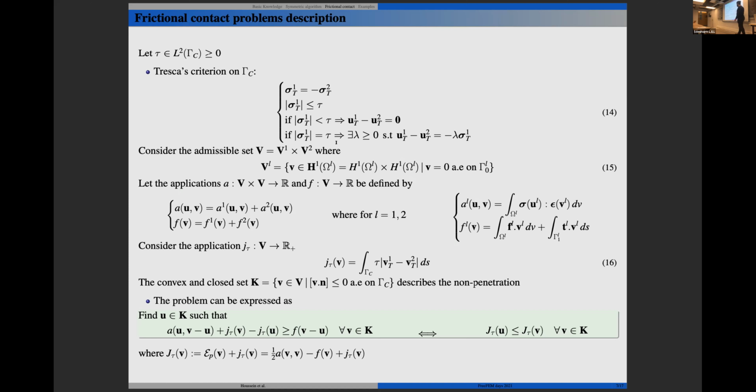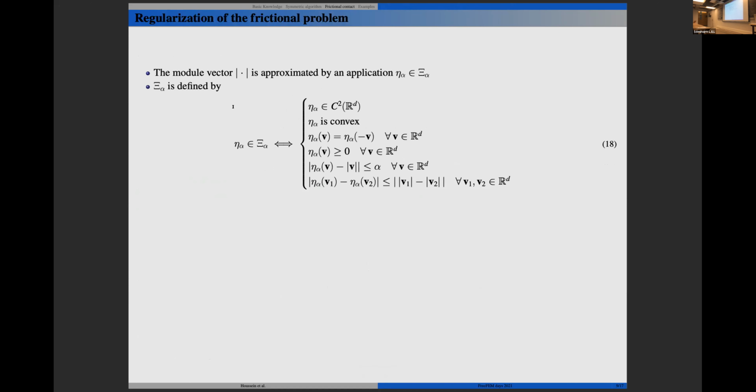This modulus will be approximated by a regularized function, which is smooth enough to use, for example, the interior point method to solve the problem. So this modulus is approximated by this eta alpha, which belongs to this family psi alpha. And psi alpha is a family of several regularized functions which approximate this modulus.